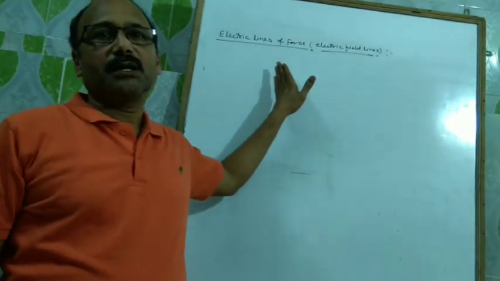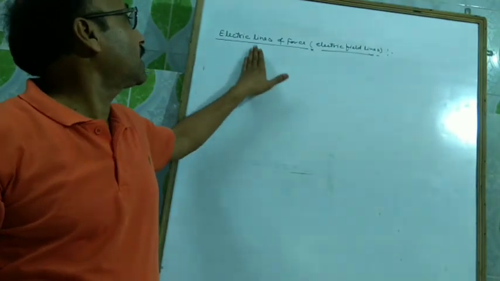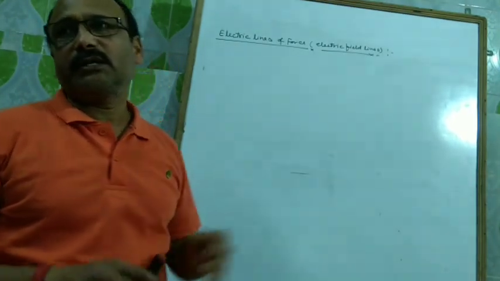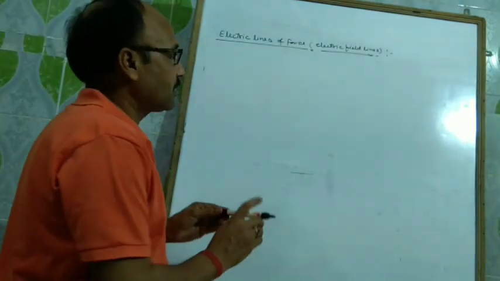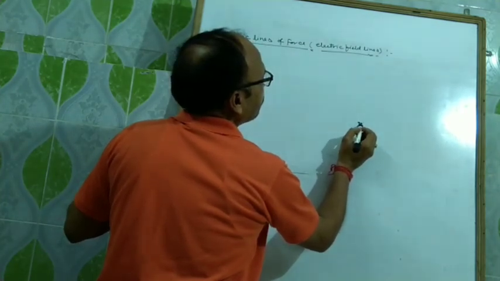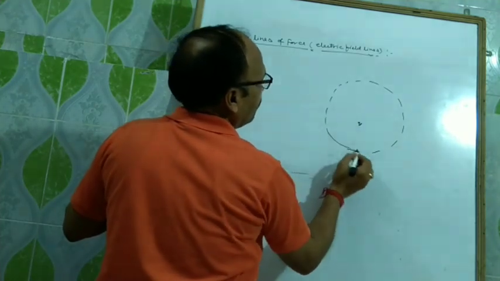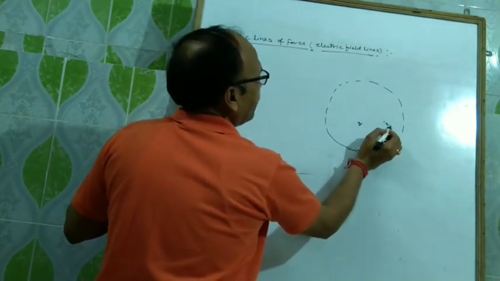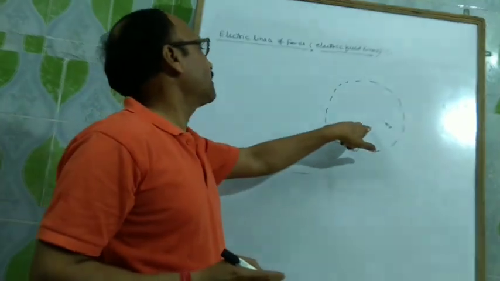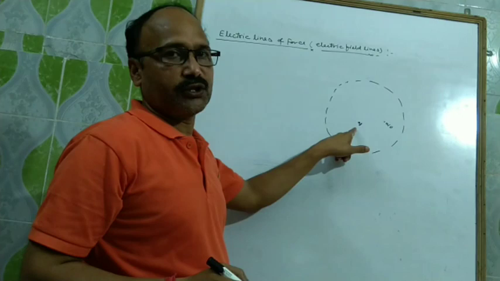After completing the electric field intensity, we have to start electric lines of force, or electric field lines. As you had studied, when we place any charge in the field of a given charge, suppose this is the given charge Q and this is the field around it, or in this field if you place any charge, it will experience a force applied by Q, the source charge.